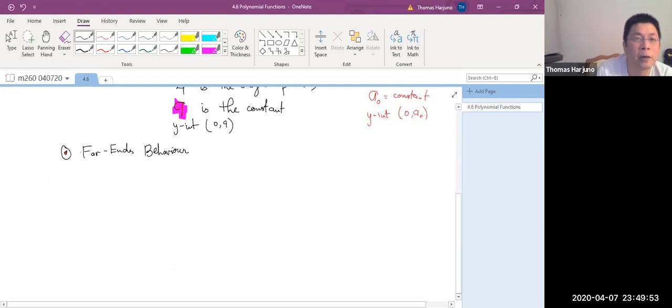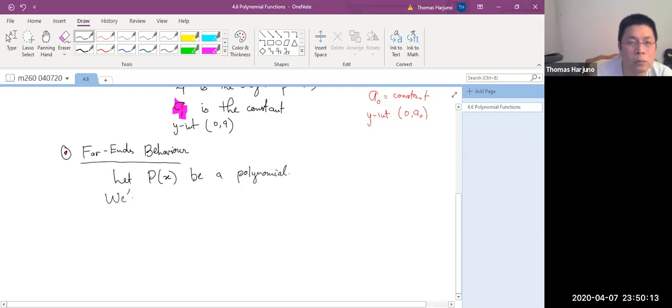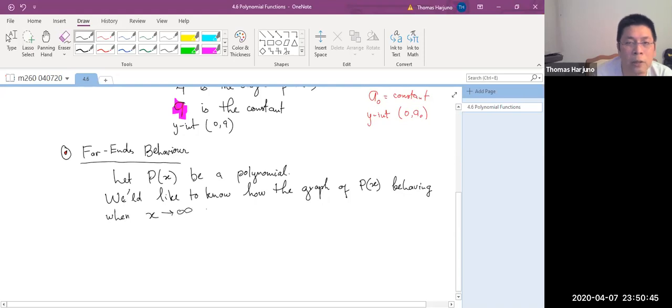Now, what is far end behavior? We want to know, if we are given a polynomial, let p(x) be a polynomial, how the graph of p(x) behaves when x goes to infinity and when x goes to negative infinity.